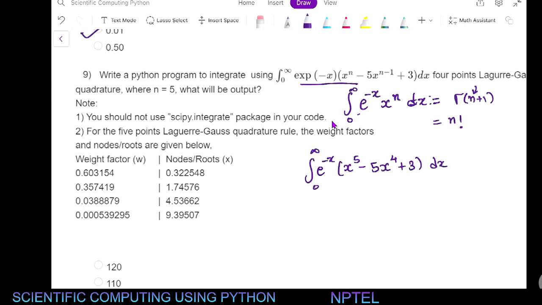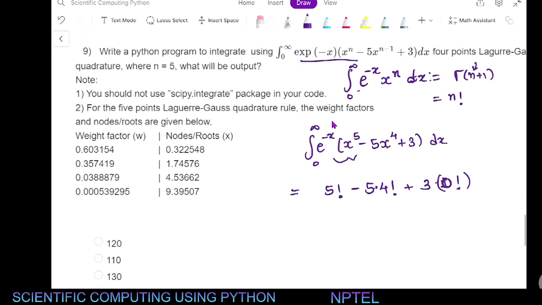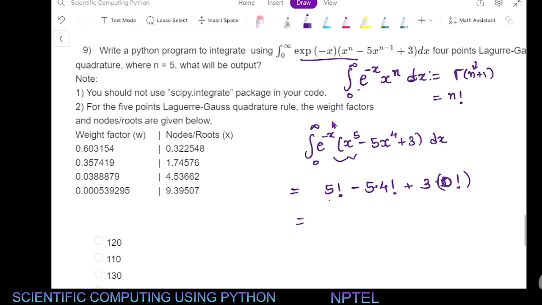from 0 to infinity. So this will give 5 factorial minus 5 times 4 factorial, and plus 3 times x to the power 0, so 0 factorial, which is 1. So this is 5 factorial, and what is 5 times 4 factorial?